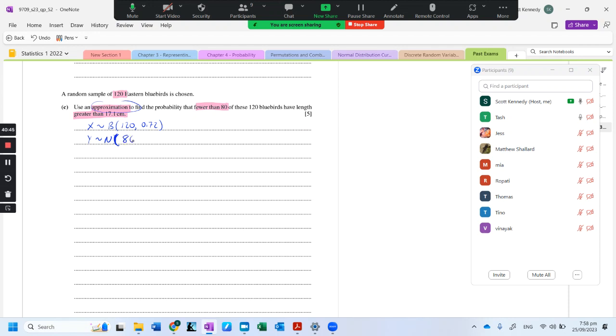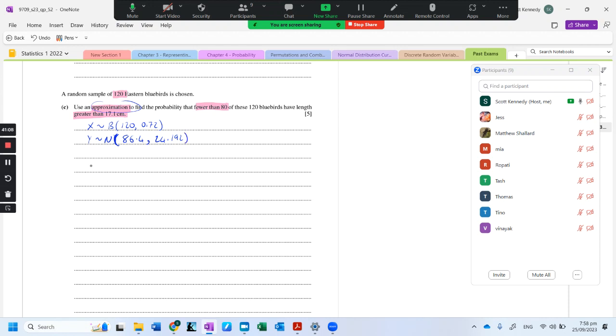Yes, which is 86.4. And then what would I do, Tash, to find my variance? Okay, so times that by 0.28, which gives us 24.192. All right.